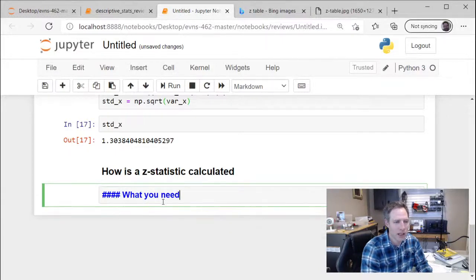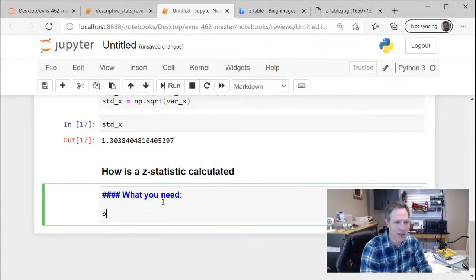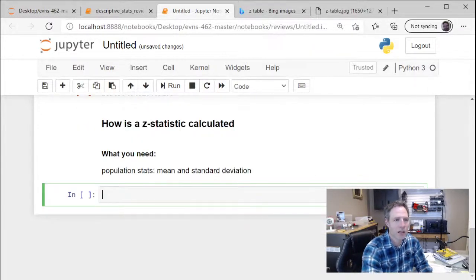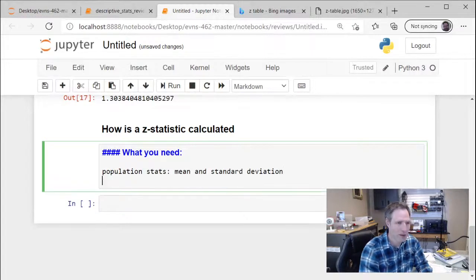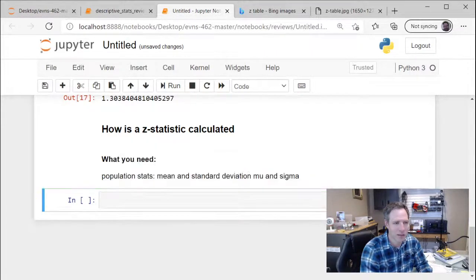Okay, so what you need is the population statistics, mean and standard deviation. Typically those would be given to you, or they'd be knowns. The population stats, mean and standard deviation. These are abbreviated with the Greek letter mu and the Greek letter sigma.